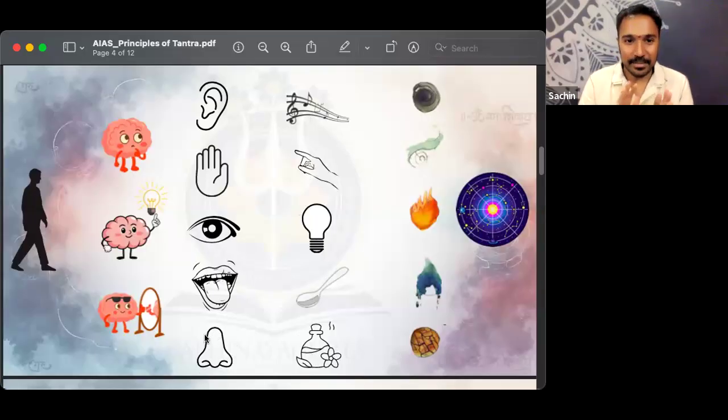Now, let me put this in a clearer way for you. So what is Bhumi in fact? Bhumi is not mere earth. Bhumi is that particular data which we receive through our Ghrana Indriya as smell. Jala is that particular data which we receive through our Rasanendriya or Jihvendriya as taste.